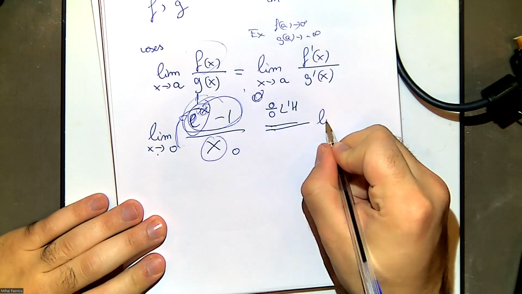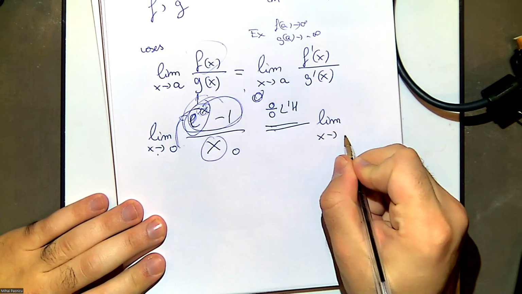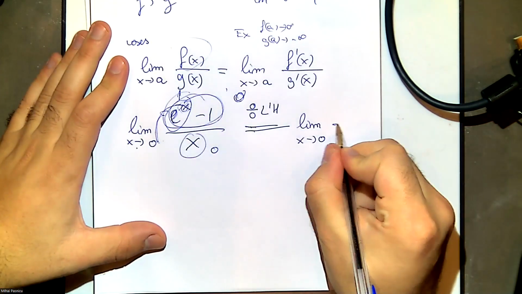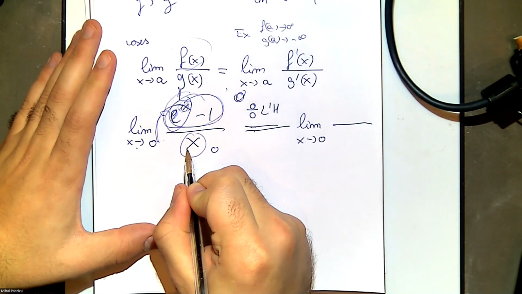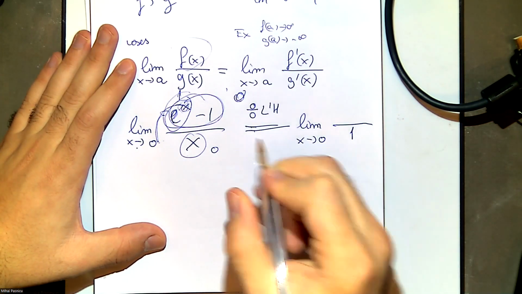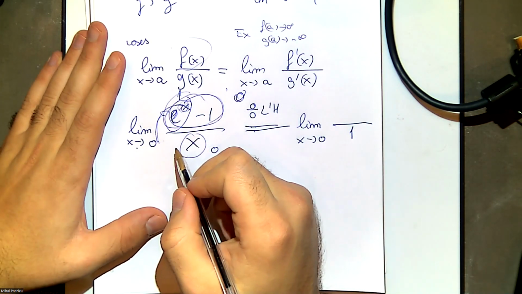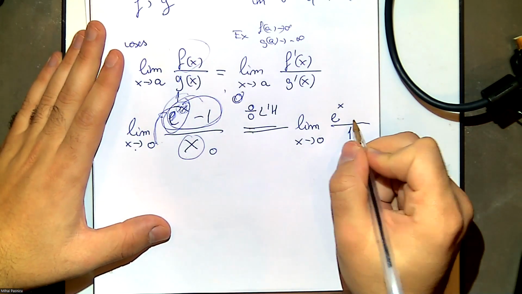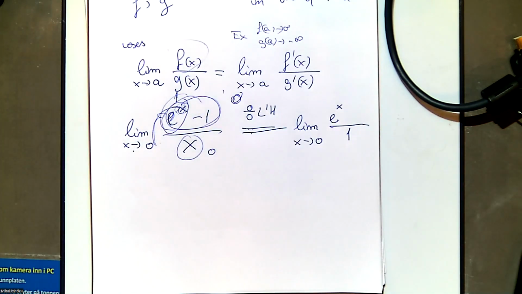So this is just equal to the limit as x goes to 0, and now I take derivative. Derivative of x with respect to x is just 1. Fair? Derivative of e to the x is just e to the x. Derivative of 1 is just 0. So it's just this.